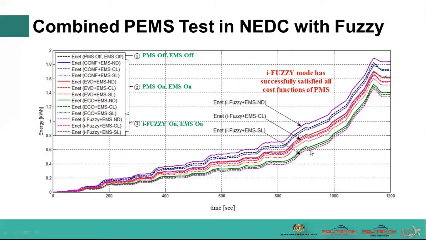The highest represents the comfort driving, the middle one the EV driving, and the lowest line represents the eco driving. So this proves that I fuzzy mode has successfully satisfied all the cost functions of PMS.